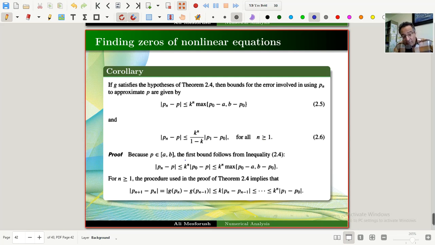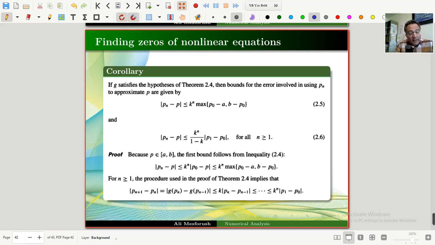In the proof of the previous theorem, the fixed point theorem, we got the absolute value of p_n minus p is less or equal k^n absolute value of p0 minus p, and this is less or equal k^n times the maximum of p0 minus a and b minus p0.